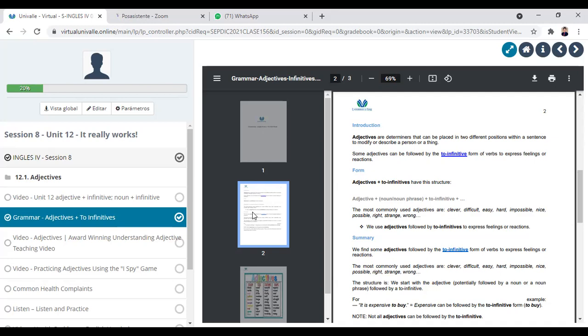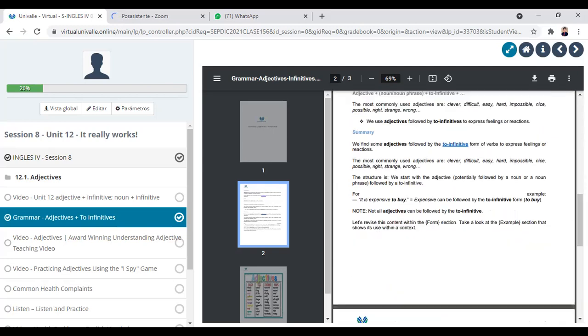The structure is we start with the adjective, potentially followed by a noun or a noun phrase, followed by a to infinitive. For example, it is expensive to buy. Expensive can be followed by the infinitive form to buy.